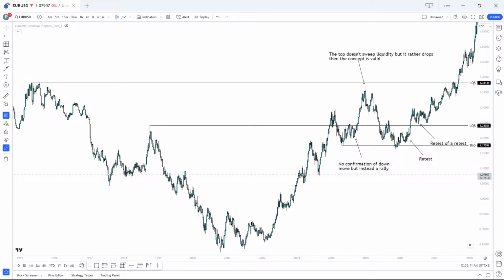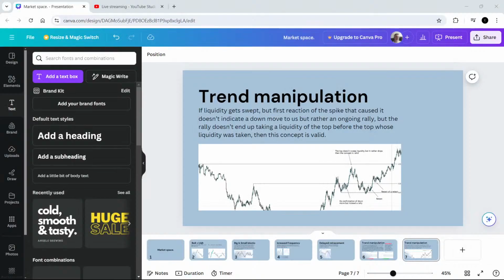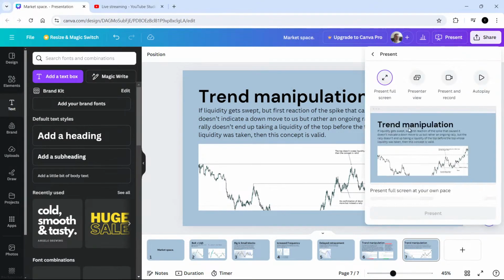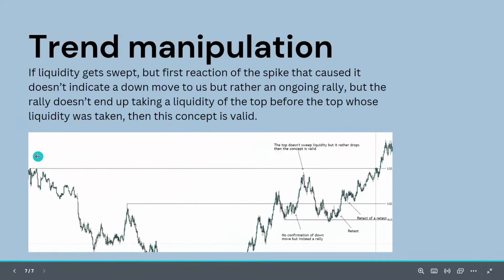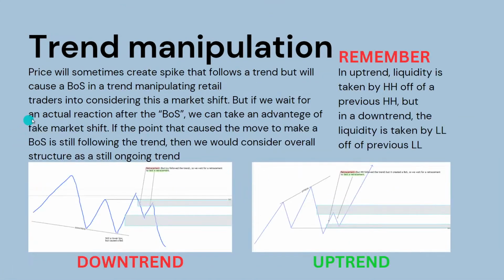Okay, I hope you can actually see this image. Wait, let me just switch to the market space presentation. And let me present to you this sweet little concept. Okay, so you can read the text. Okay, that's good. So basically, trend manipulation. Price will sometimes create a spike that follows trend but will cause a break of structure in a trend, manipulating retail traders into considering this is a market shift.